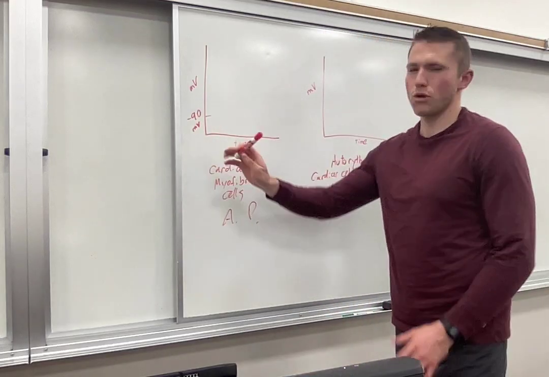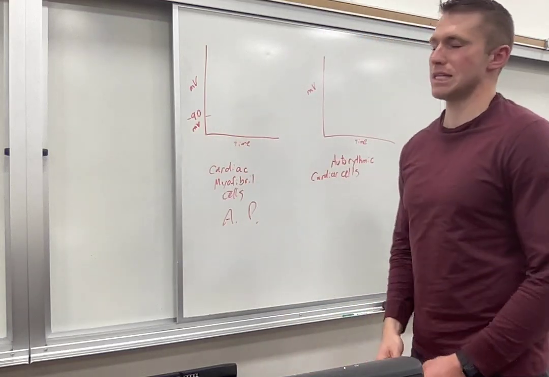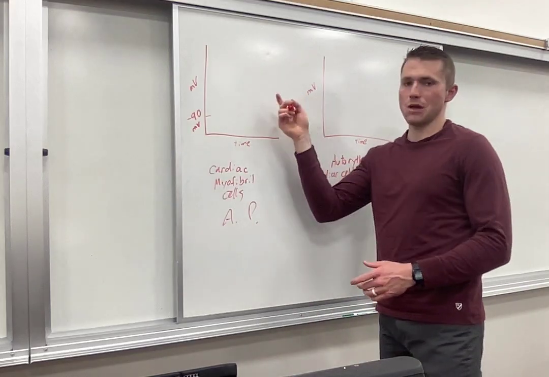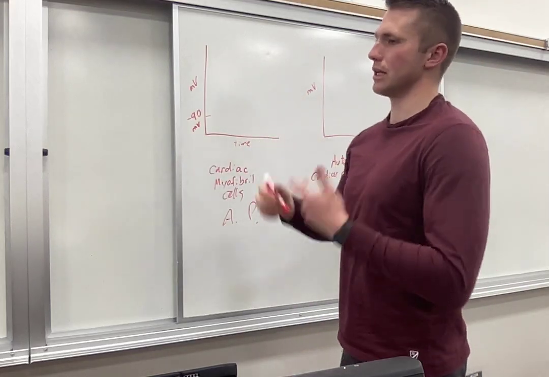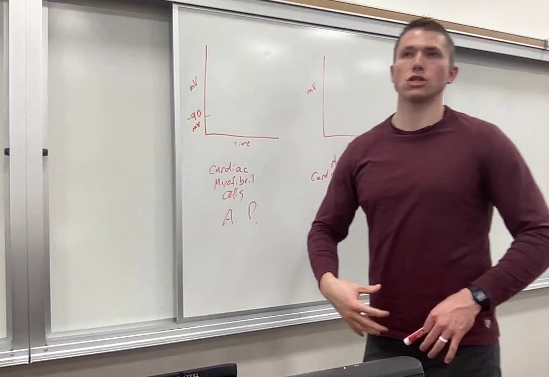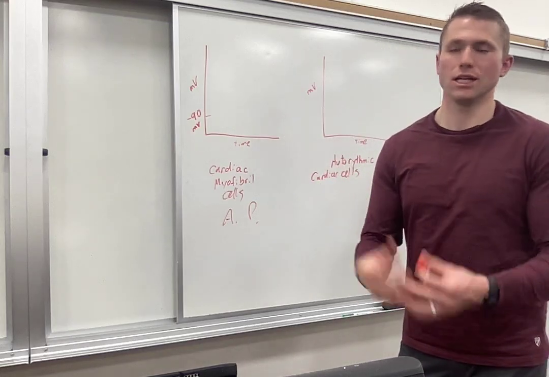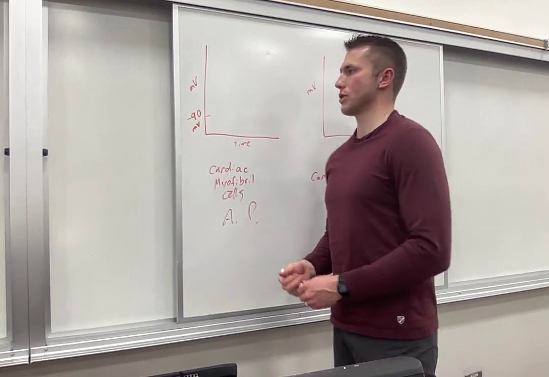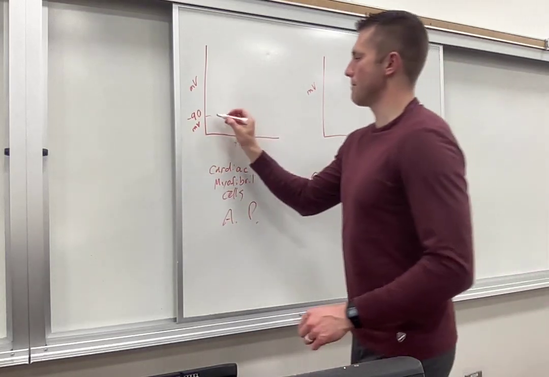So negative 94 is typically where potassium wants to be between the outside and the inside of the membrane. Voltage is how much pressure or work can be done, right? So here we're sitting at minus 90.